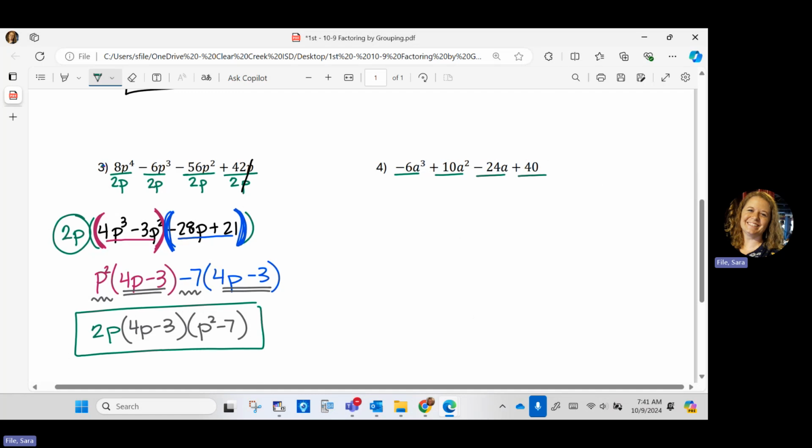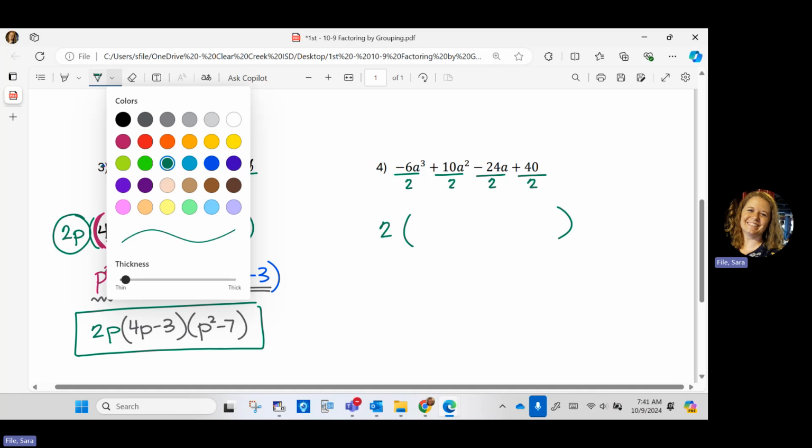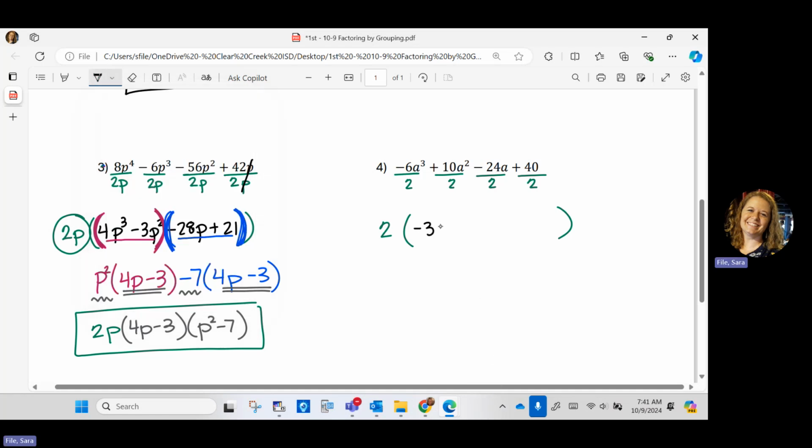So my GCF here is just a 2. So I take out that 2, and my leftovers will be negative 3a cubed plus 5a squared minus 12a plus 20.